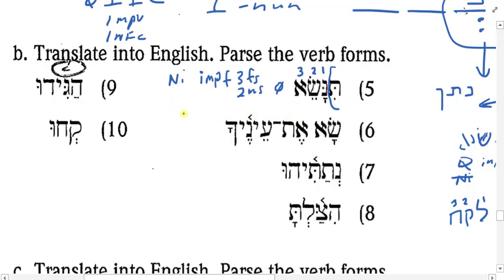So this is matching in every way. What does nasa mean in the Qal? To lift up. And in the Nifal, it's going to make the meaning passive. To be lifted up. So how am I going to translate this Nifal imperfect 3FS? She will be lifted up. 2MS. You will be lifted up. All right. Very good.